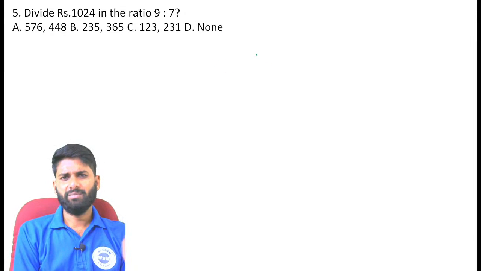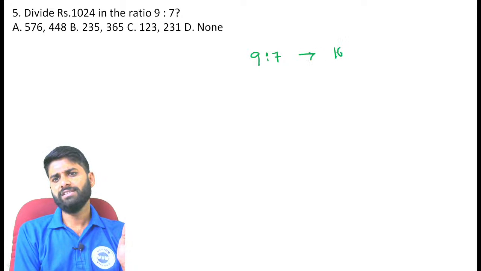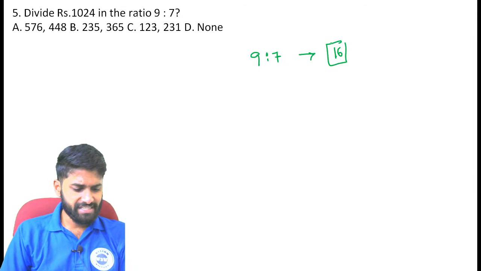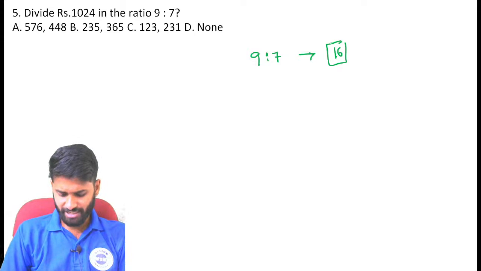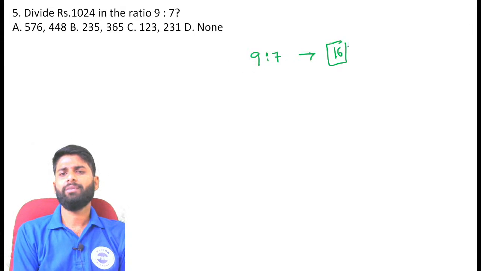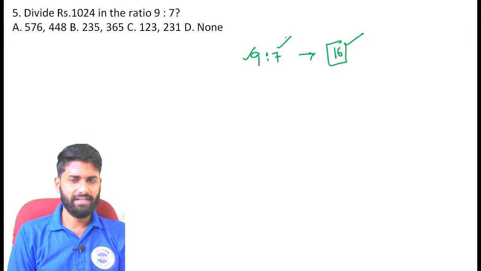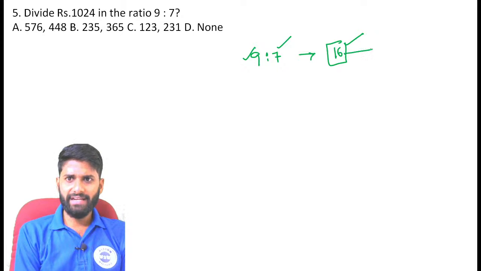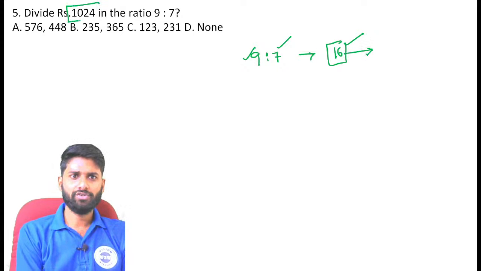Just leave the number. What is the meaning of 9 is to 7 generally? If I have 16 quantities, why? Because ratio deals with the quantity of a number. For example, if I have 16 quantities, the first value has 9 quantities and the next value has 7 quantities. Here the total quantity is exactly equal to the number. So what is the number here?